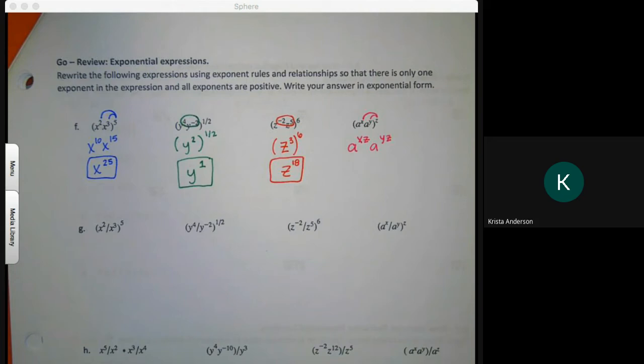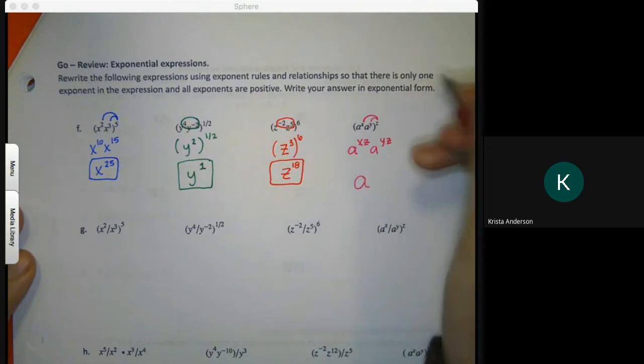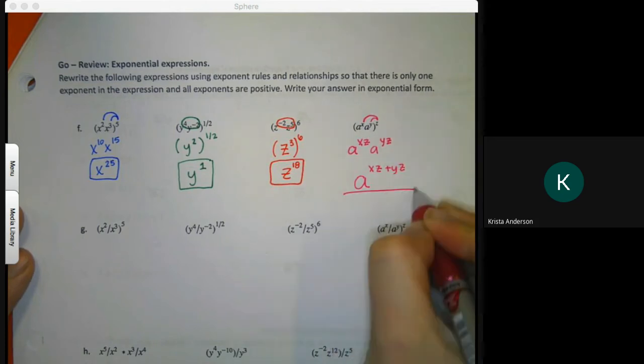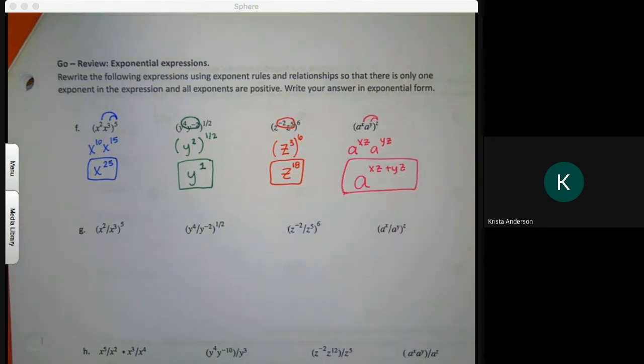So I multiplied it in. I distributed it because of the parentheses. Now I'm just going to add those two together. xz plus yz. And that would be done. Because I can't put any letters together.